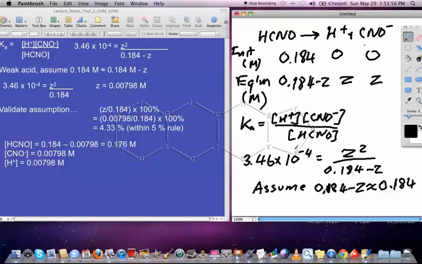If it's greater than 10 to the negative 4, then maybe you won't be able to use that assumption. Alright, well let's talk about what this assumption means. Again, if we're saying that z is small, we're saying it's small relative to 0.184.